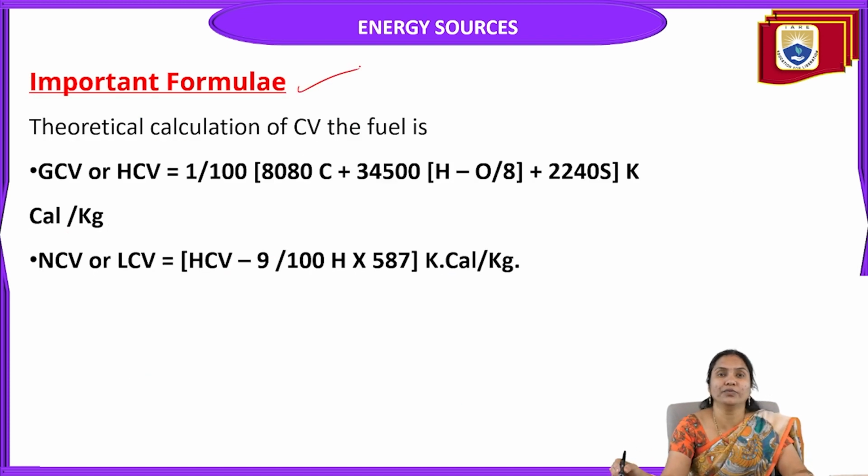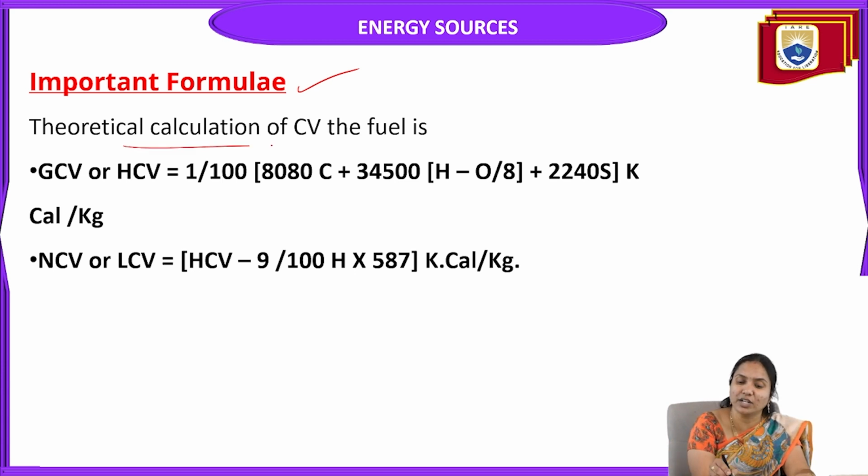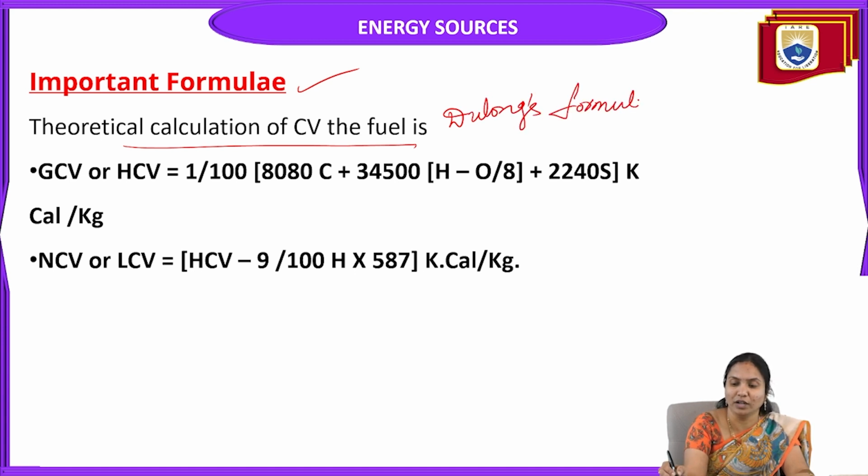Now, the important formulas used for the determination of high calorific value and low calorific value for numerical purposes. These formulas are most important. The theoretical calculation of calorific value of the fuel is according to Dulong's formula.